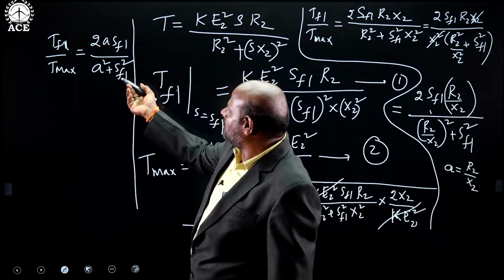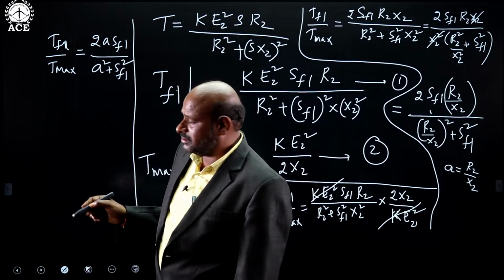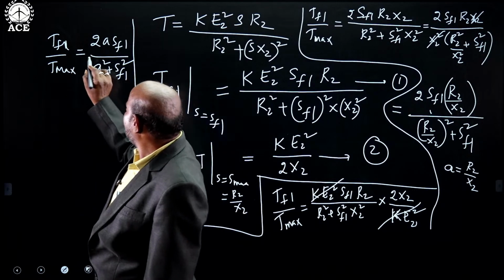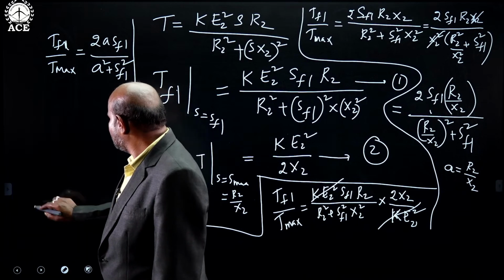From this, we can also derive the ratio between starting torque and maximum torque. When it is the starting torque, slip will be 1.